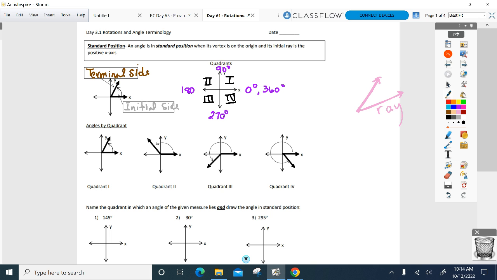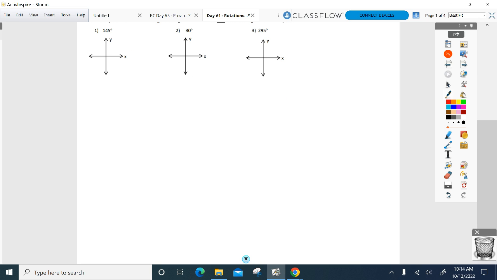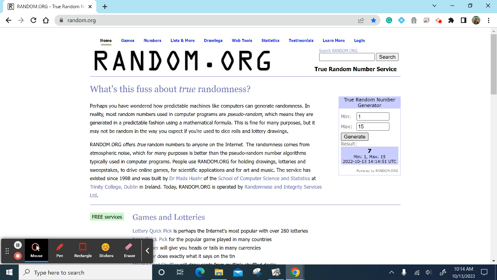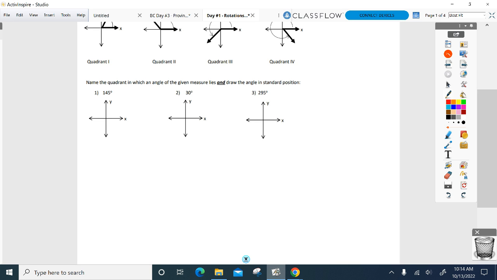And then I drew 4 angles in each quadrant, but let's just jump right into the fire. I got 145 up there, 145 degrees. First thing I'm going to ask somebody, what quadrant am I in? Don't yell it out. I'm going to call on somebody here. 145 would fall in quadrant what?